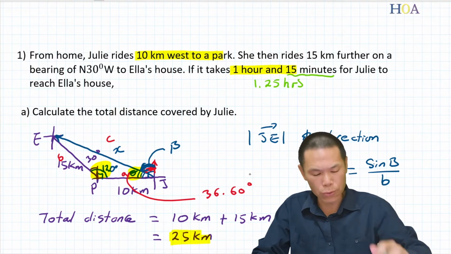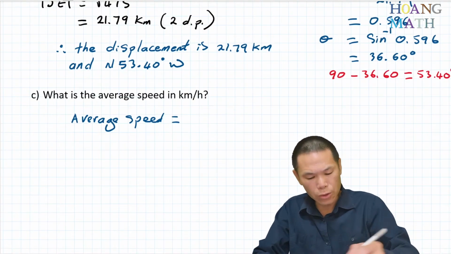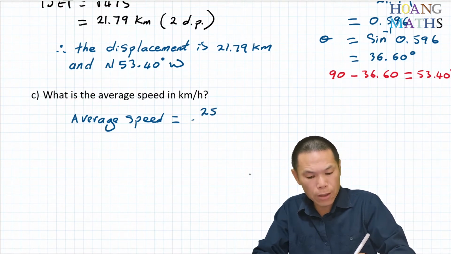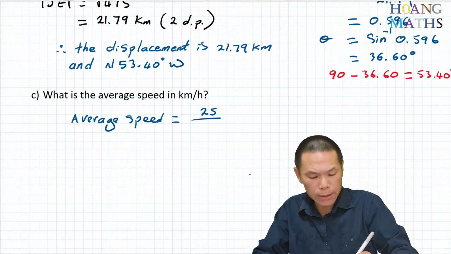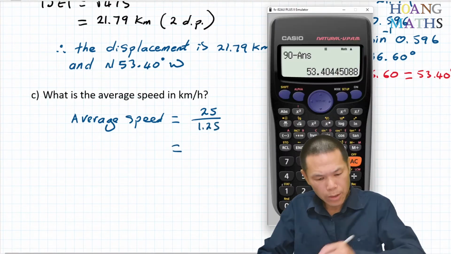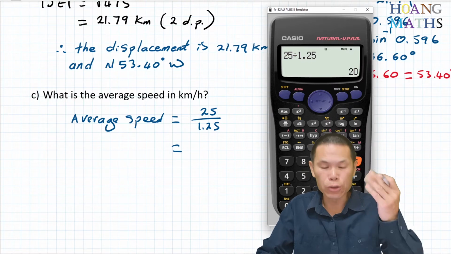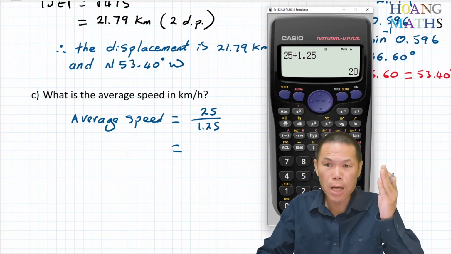So the average speed is the distance covered over the total time taken, that is 25 divided by 1.25. So there you go, 20 kilometers per hour.